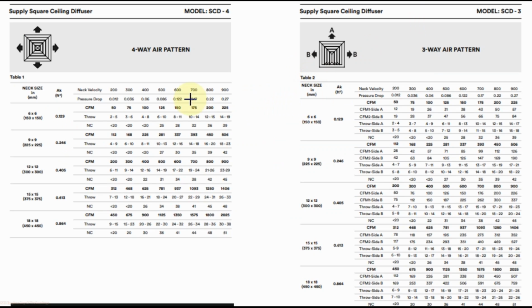Square ceiling diffusers are of 4 types. Number 1, 4-way air pattern that supplies air in 4 directions. Number 2, 3-way air pattern that supplies air in 3 directions.